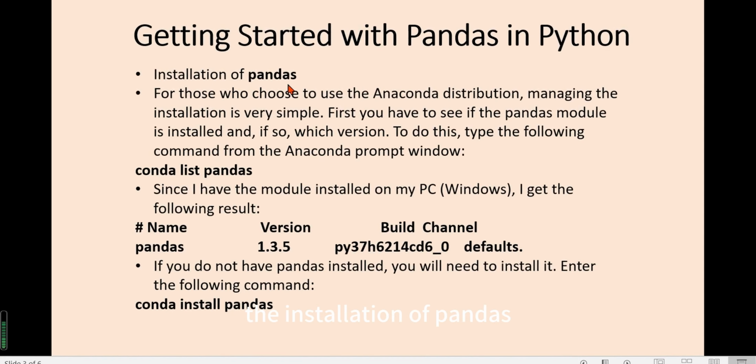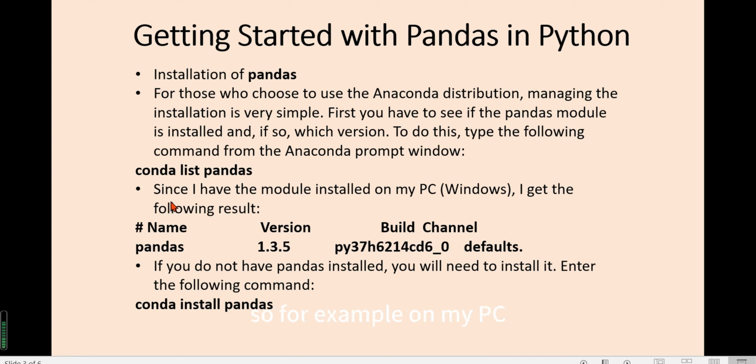So, installation of Pandas. For those who choose to use the Anaconda distribution, managing the installation is very simple. First, you have to see if the Pandas module is installed, and if so, which version. To do this, type the following command from the Anaconda prompt window: conda list pandas.